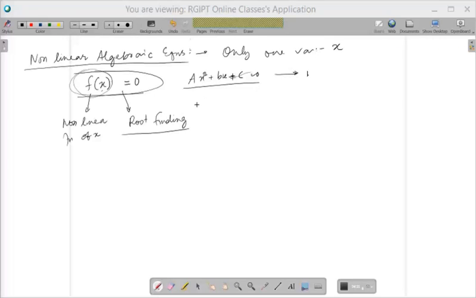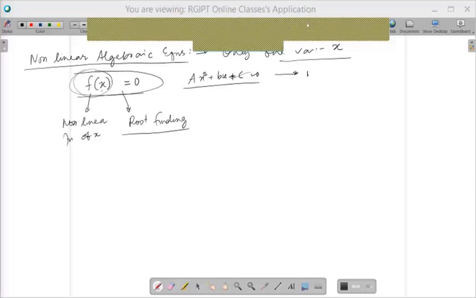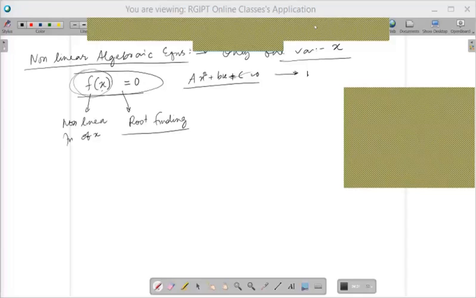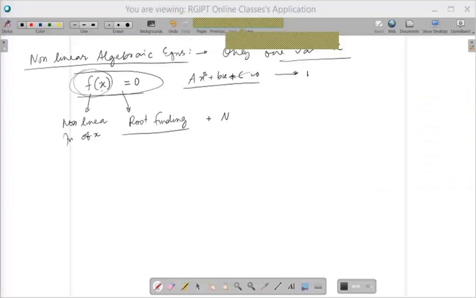So if you have a nonlinear algebraic equation in one variable, do you remember any technique that tries to solve that? Anyone who knows? Yes, Newton-Raphson, right? Absolutely, Newton-Raphson is a method. I recommend that you review this, but I'll quickly do it.